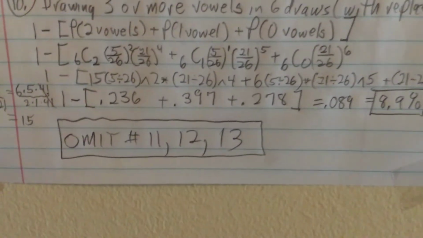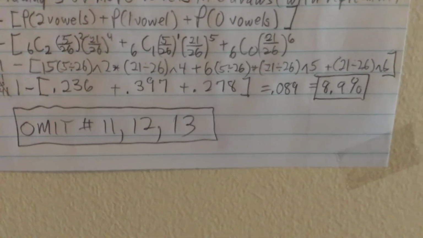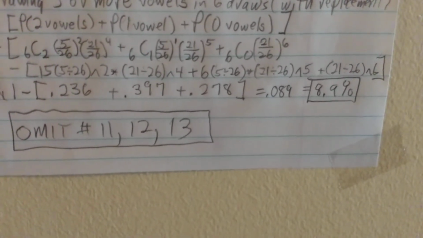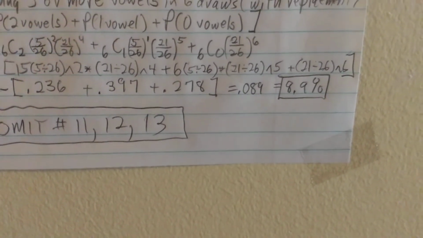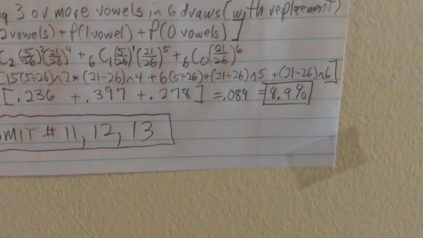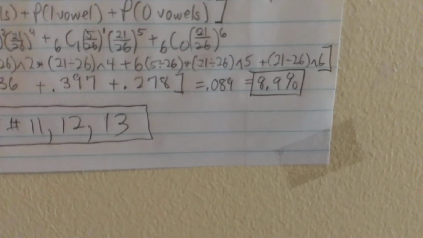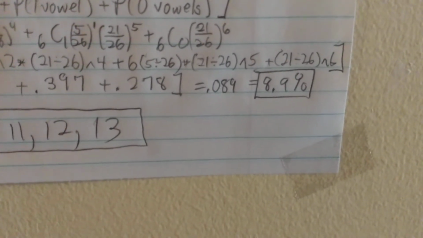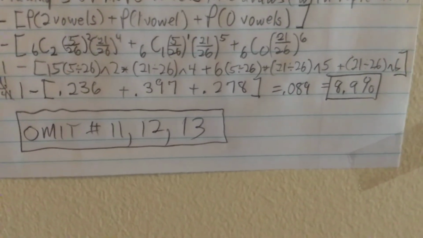So 1 minus, now you can do this all in one line on the calculator, it'll wrap around. 1 minus parentheses, 15, then left parentheses, 5 divide 26, parentheses, power 2, times 21 divide 26 in parentheses, power 4, plus 6C1 is 6, 5 divide 26 in parentheses, times 21 divide 26 in parentheses, power 5, plus 21 divide 26 in parentheses, power 6, and then close the parentheses for the whole string of binomials.